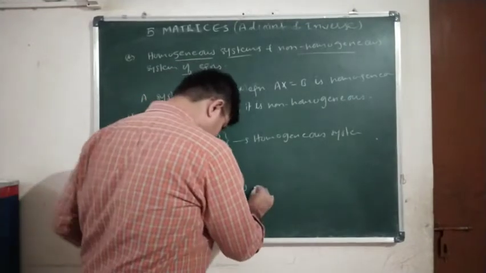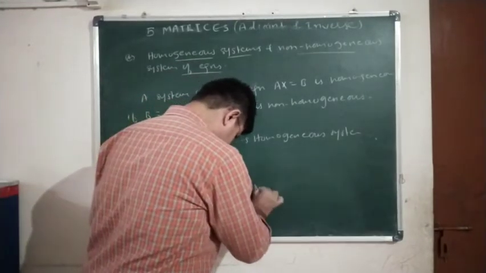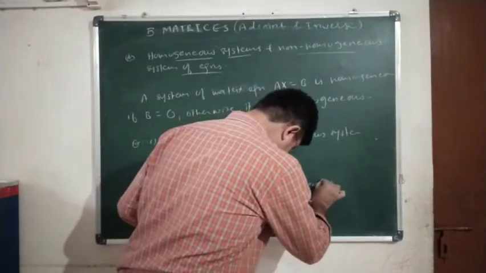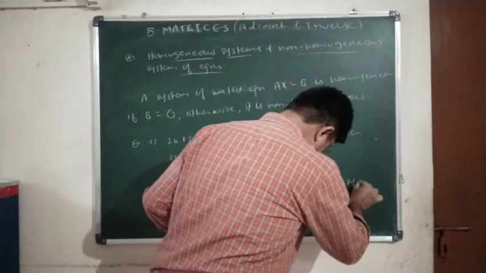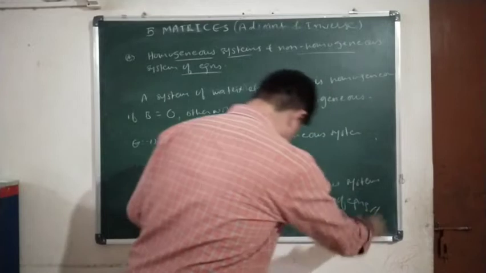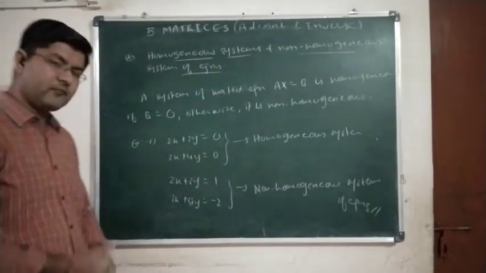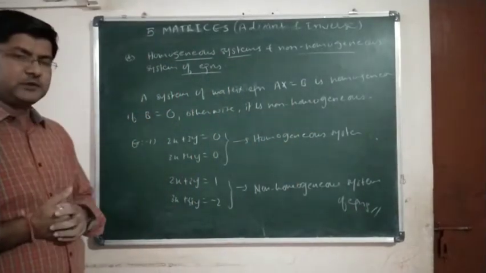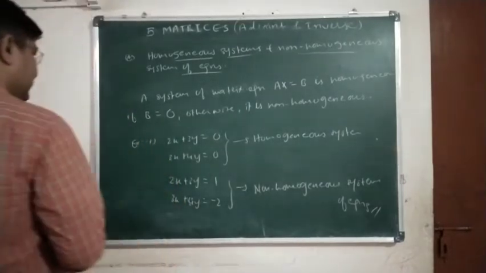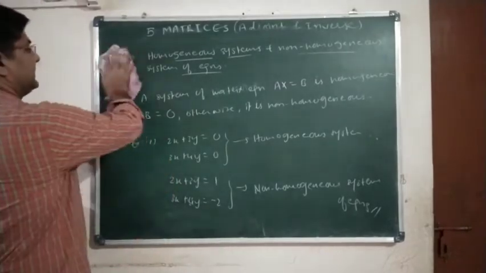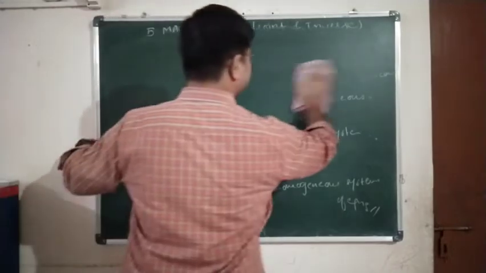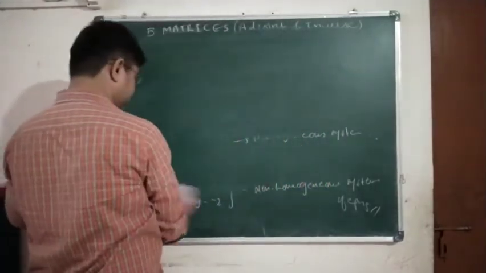This is an example of a non-homogeneous system of equations. Clear? So now you know what is a homogeneous system of equations and what is a non-homogeneous system of equations. Now let us see the condition for consistency for a given system of equations.